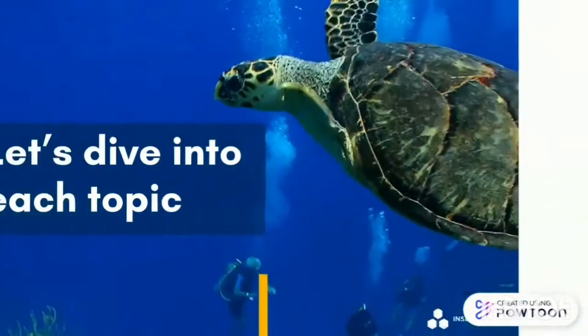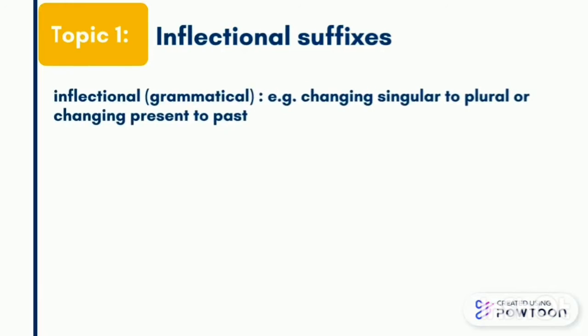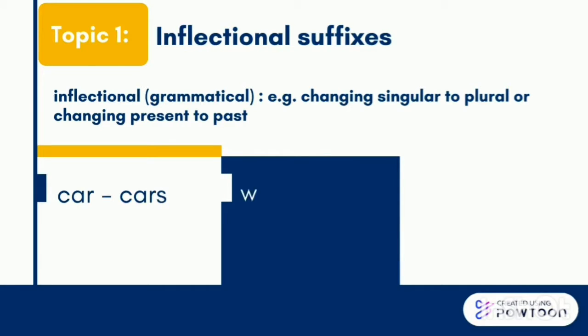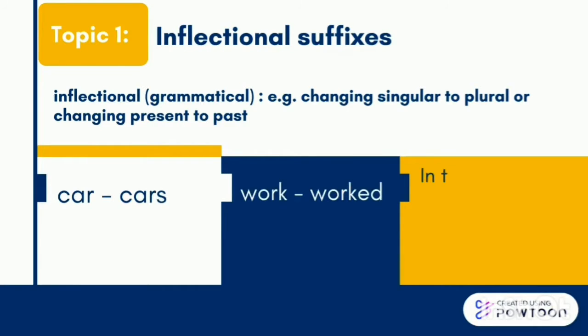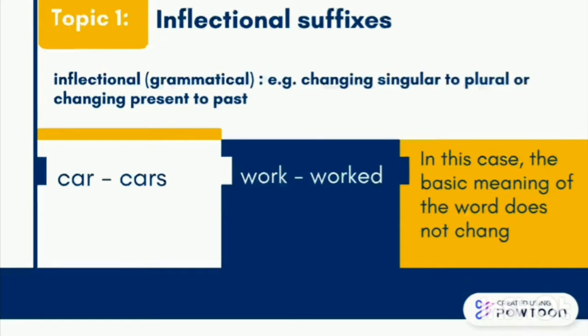The first, we focus on inflectional suffixes. Inflectional, grammatical. For example, changing singular to plural or changing present to past. For example, car, cars, in plural, work, worked, past tense.